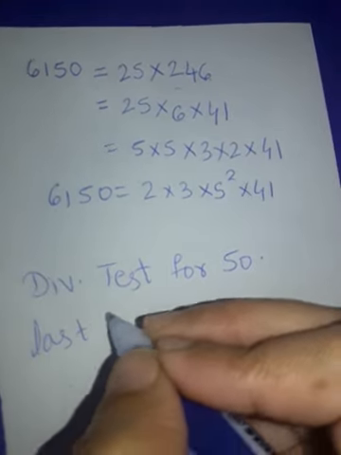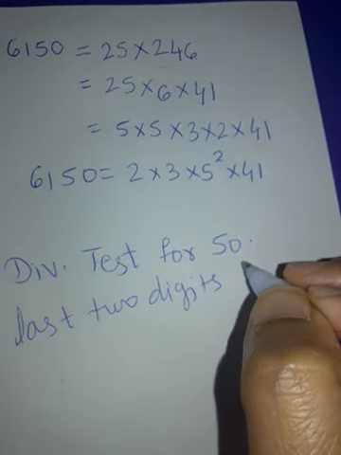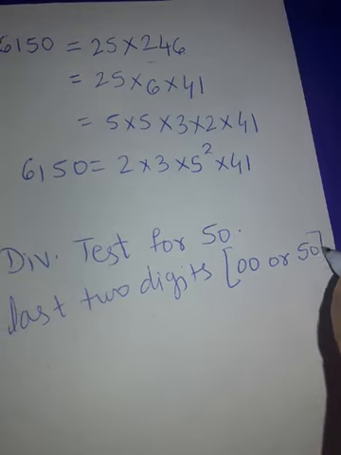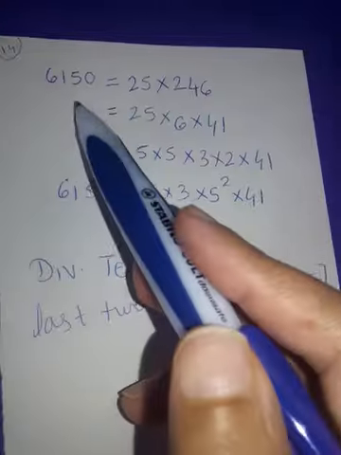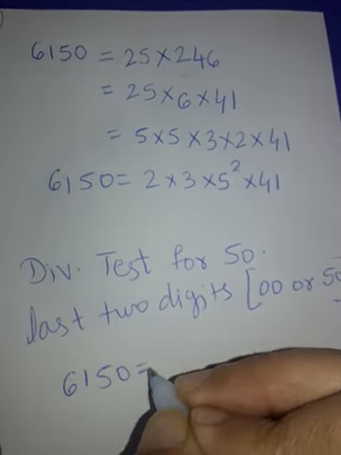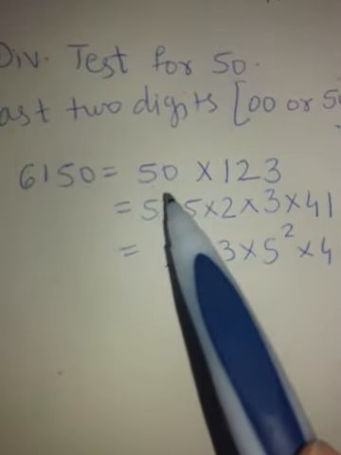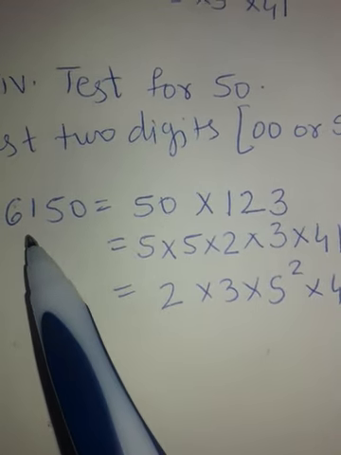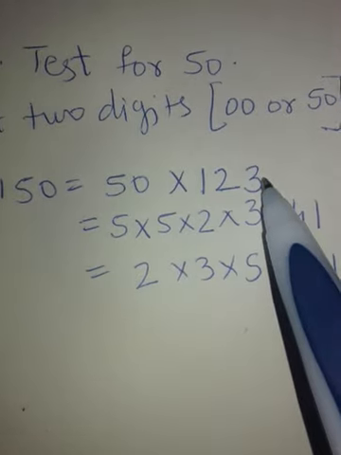If last two digits form a number 00 or 50, then the number is divisible by 50. So here we could have applied divisibility test of 50 also. So 6150. I have directly factorized it and I am showing it to you to save some time, and we can cover maximum number of examples. So if I divide 6150 by 50 orally, I get 123.